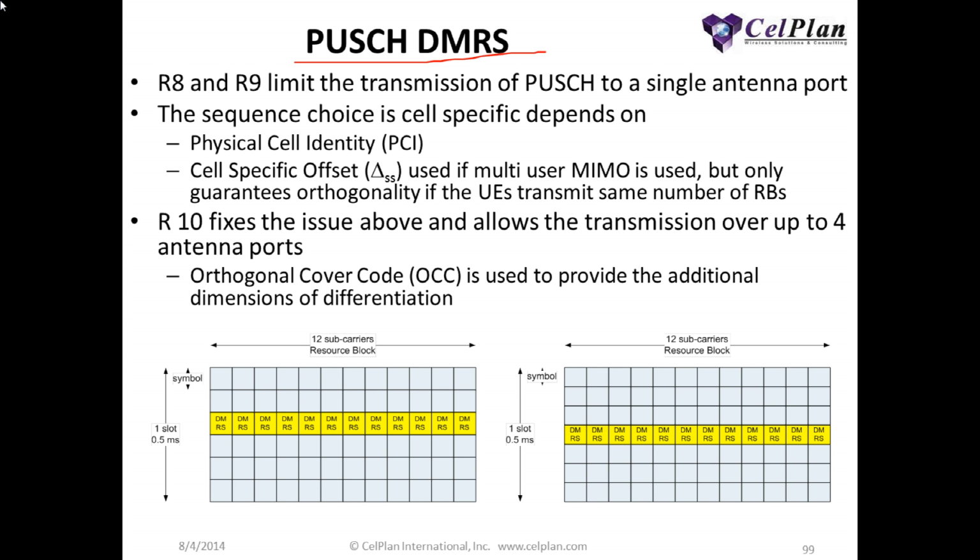The PUSCH also has the DMRS, because it can be sent in a different part of the band, and basically this DMRS, the sequence depends on the PCI and on a cell-specific offset that is used really only for multi-user MIMO.